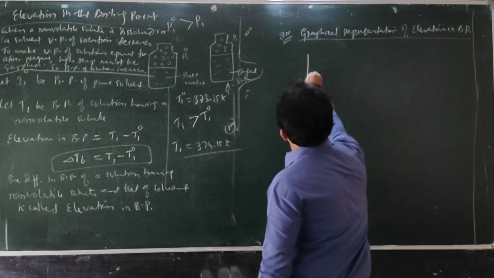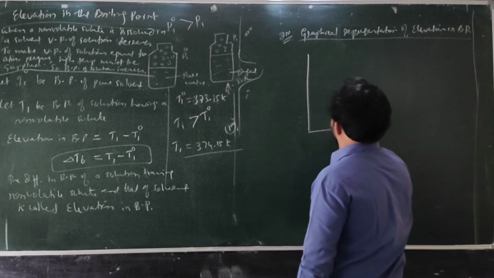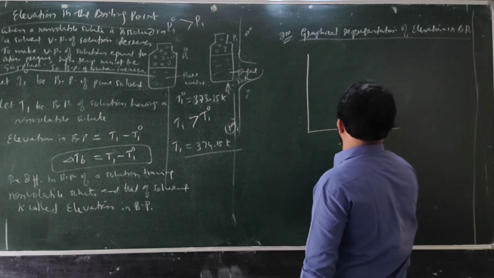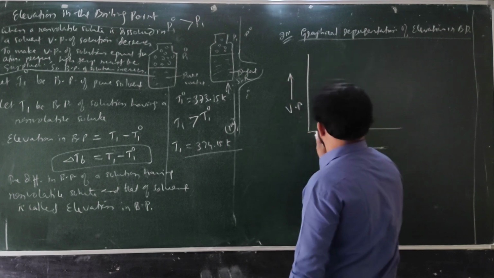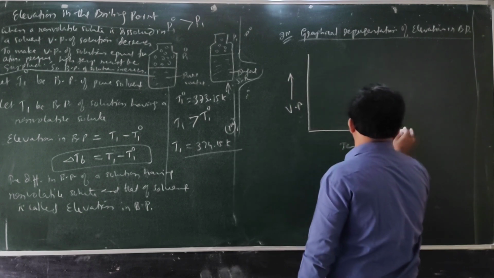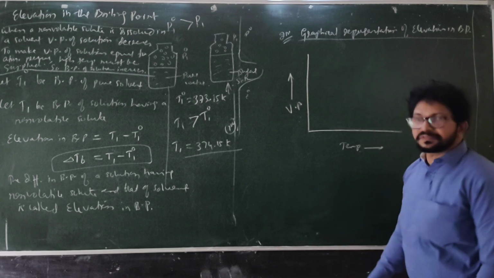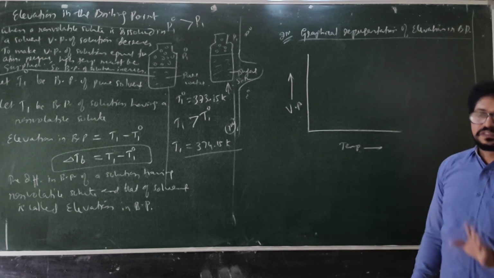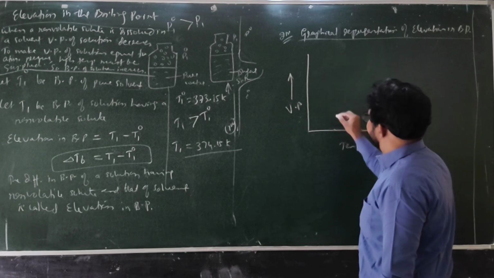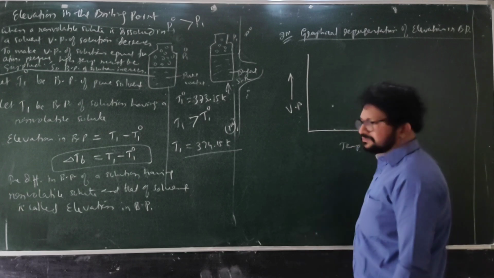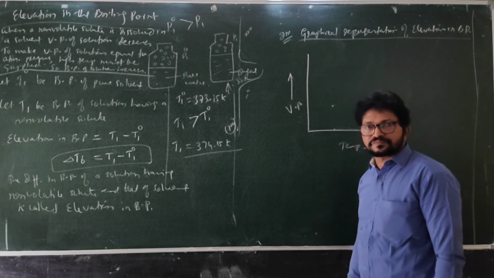On the y-axis you take vapor pressure and on the x-axis you take temperature. Now I will take the solvent. Temperature increases, maybe from 25 degrees, maybe water. This is the vapor pressure.